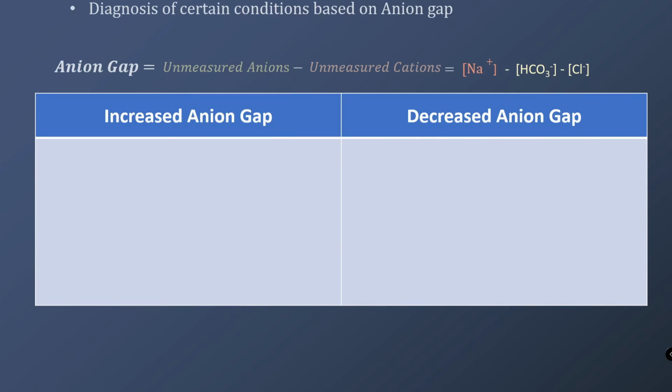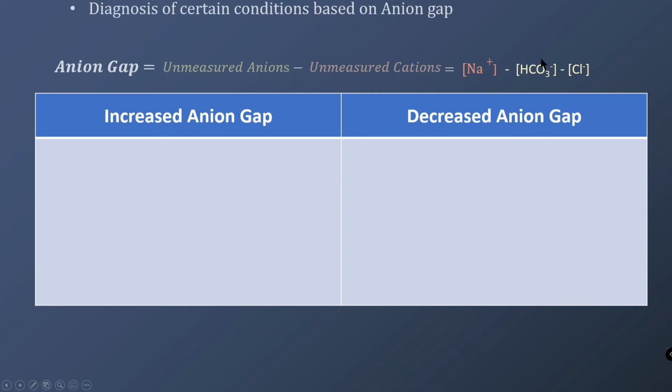So here is the table: anion gap may increase or it may decrease. It is very logical and very easy to understand in what condition anion gap will increase, in what condition it will decrease, and in what condition it will remain normal. Just by looking at this equation you can tell, right?